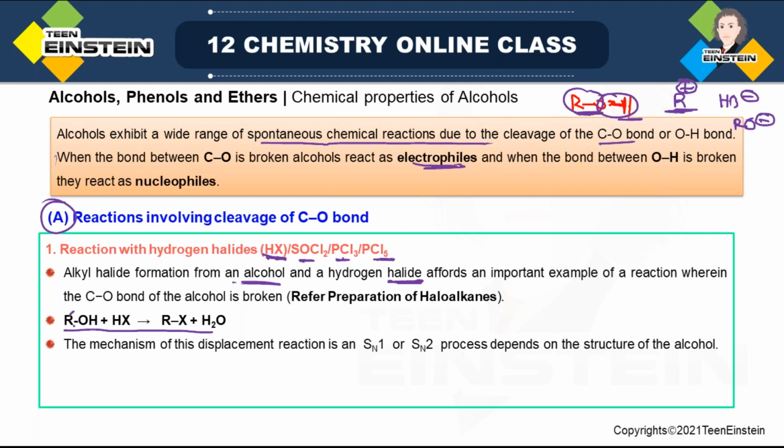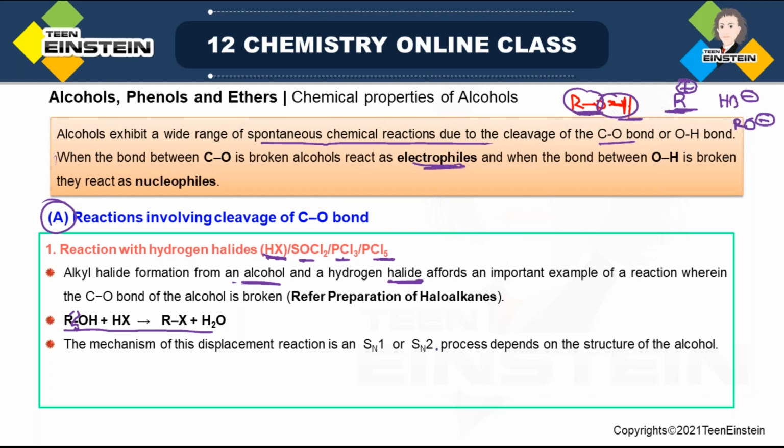This type of reaction undergoes nucleophilic substitution, SN1 or SN2, two different types of mechanism possible, but here the carbon-oxygen bond is broken. That is why we are discussing it under this heading, reactions involving cleavage of the C-O bond.